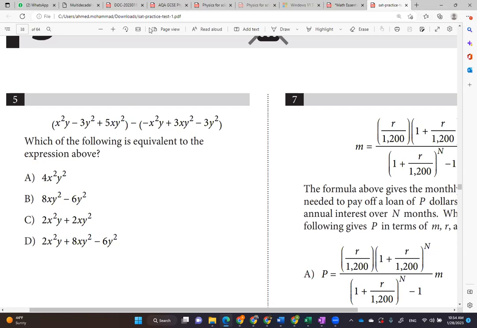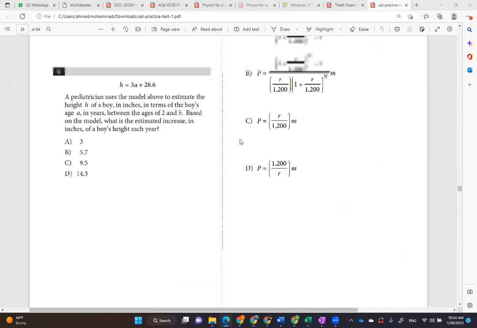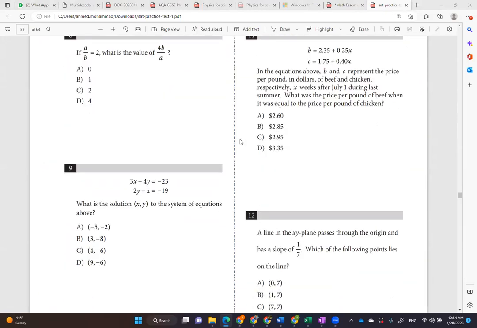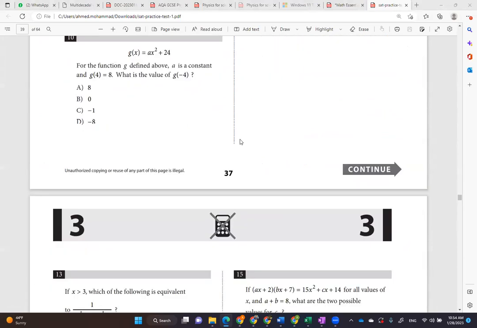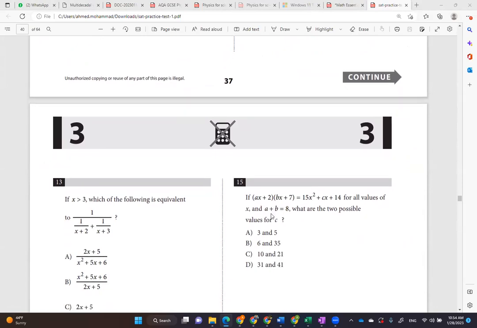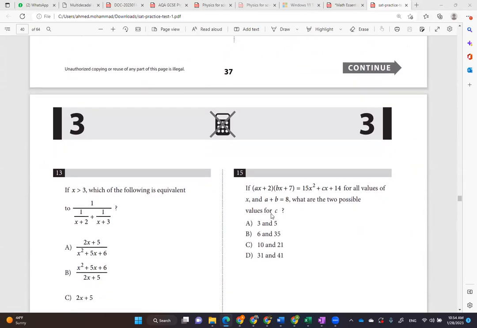Let me check your answers. I have many answers giving me C, C, C. Okay, C is right. Let me give you another one related to the quadratic function. Can you answer 15?